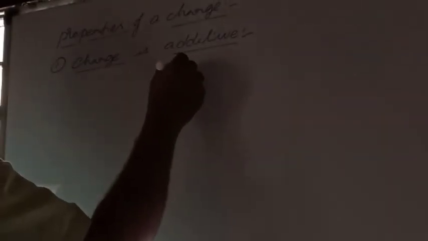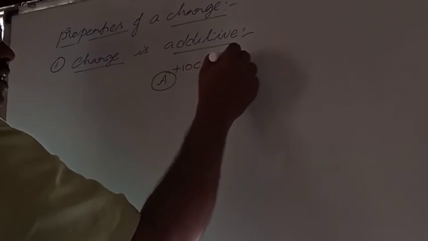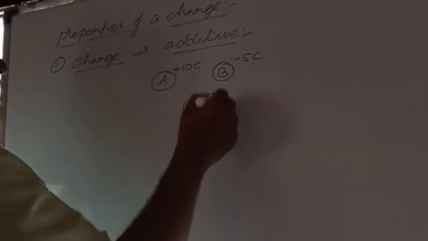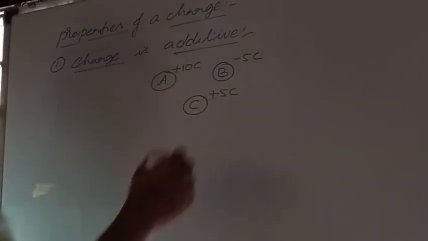For example, if a body A contains plus 10 coulombs of charge, a body B contains minus 5 coulombs of charge, and a body C contains plus 5 coulombs of charge, what is the total charge?